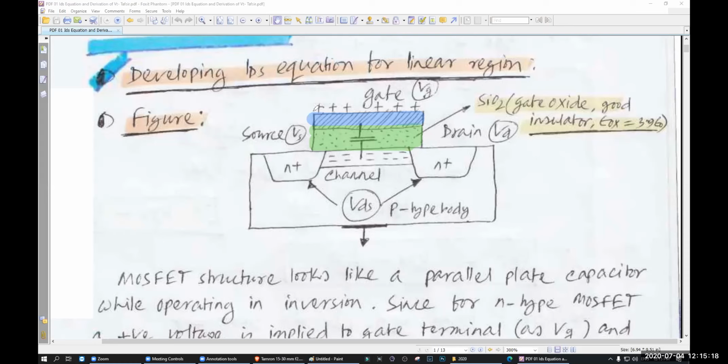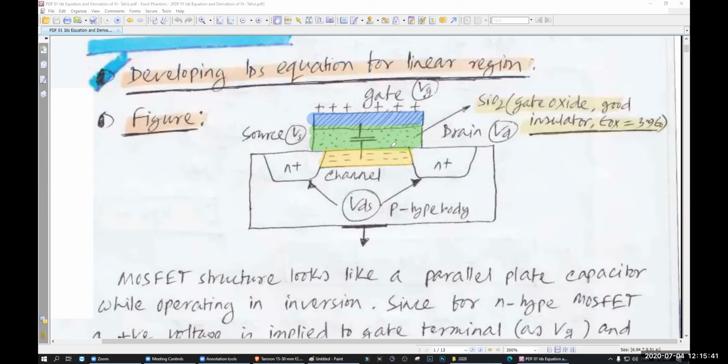When you give a positive voltage here, that positive voltage will pull all the electrons nearby and accumulate them here. That positive layer will accumulate all the electrons just under the silicon dioxide and make a channel.